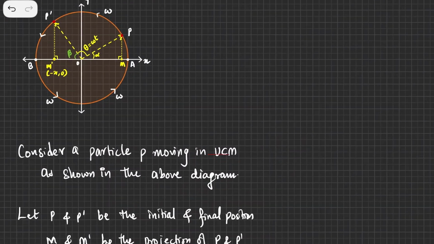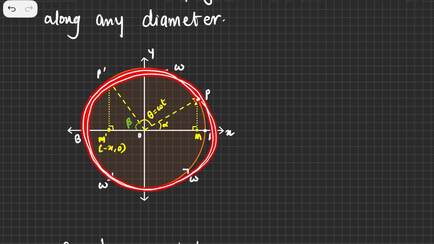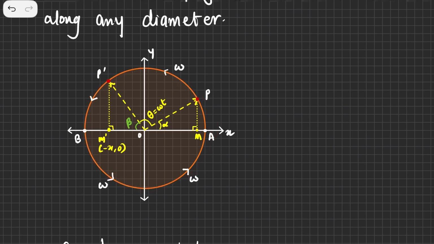So if you see, I had never mentioned that the particle was in simple harmonic motion, but I always said that the body is in a circular motion, uniform circular motion. When you see a body in circular motion, actually it's just a projection of uniform circular motion. It is an SHM, but if you see along the diameter.